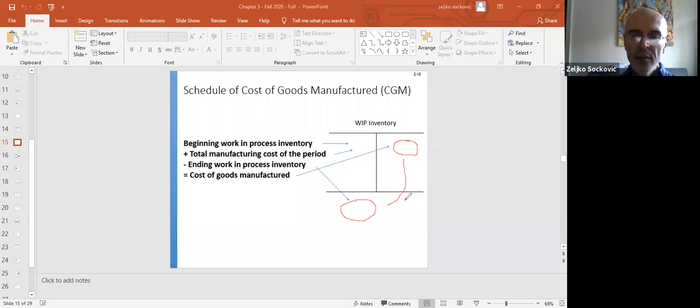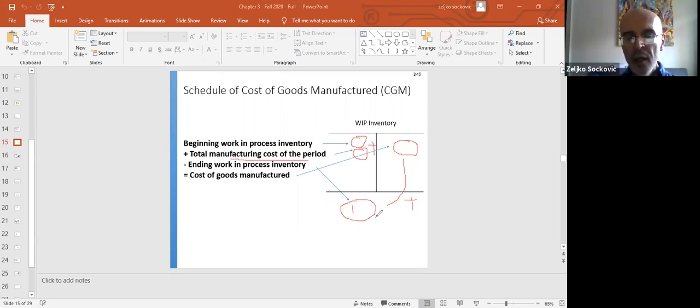These two things add up to these two things, beginning inventory and total manufacturing cost. Somebody was saying just this a second ago. I cannot see all names this way, but these two things are equal to these two things, right? So you must have something.